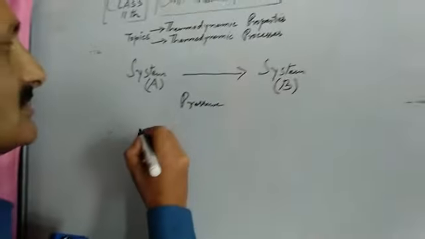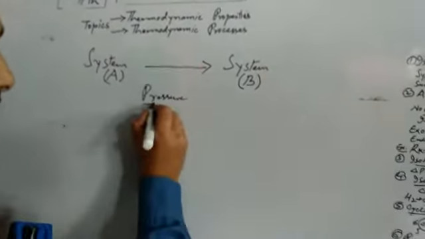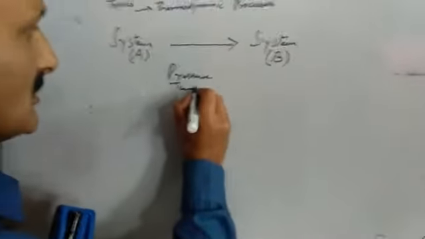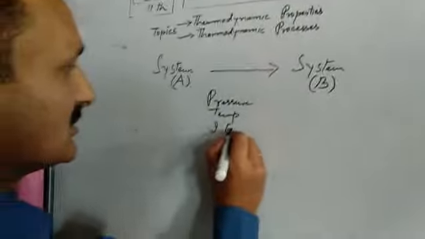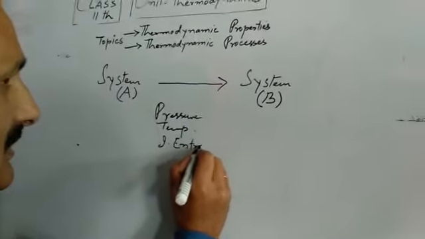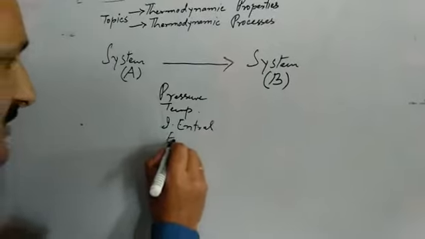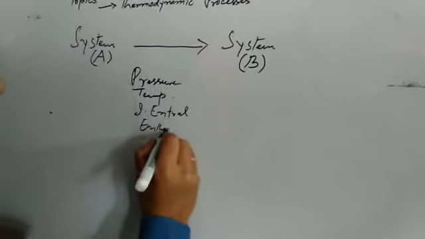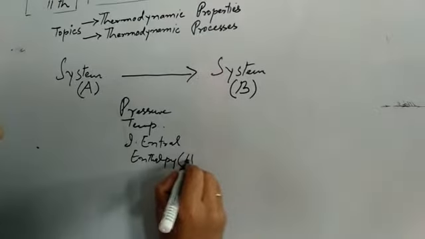Pressure change when a system changes. There can be temperature change. There can be internal energy change. Then there can be change in enthalpy, that is H. Enthalpy is basically heat or energy.